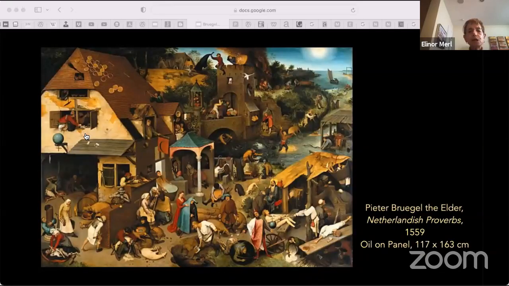The Netherlandish Proverbs, dating from 1559, has been known by different titles over the centuries. It was originally named the Upside Down World. It's also been known as the Dutch Proverbs, the Blue Cloak, and the Topsy-Turvy World.